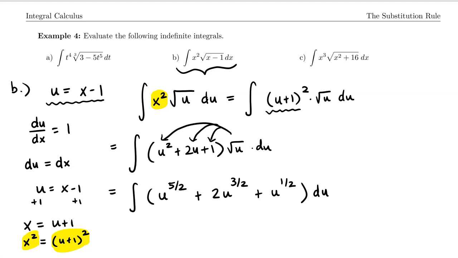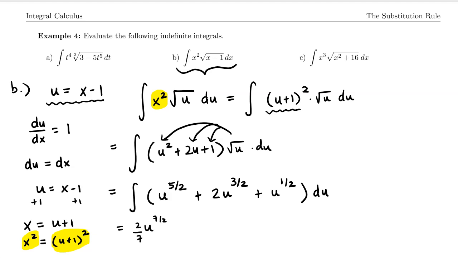On each of these terms, I can use the power rule. If I increase the power by 1, I get u to the 7/2 power. And then if I divide by 7/2, that's the same thing as multiplying by the reciprocal.